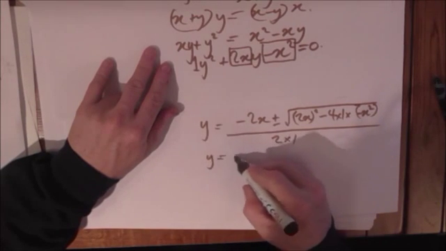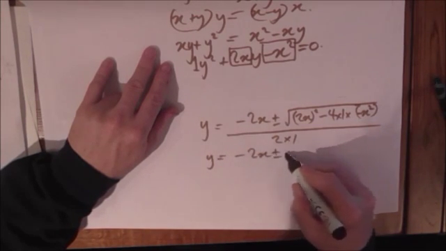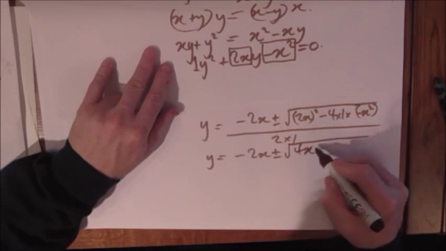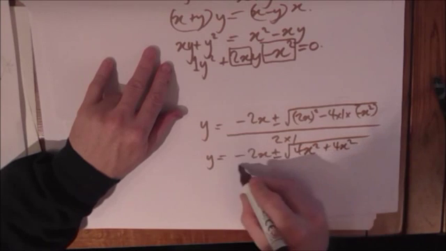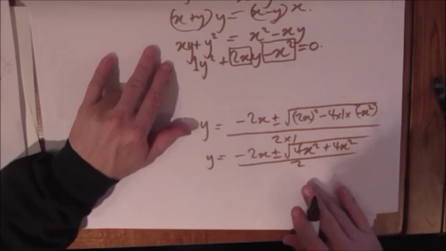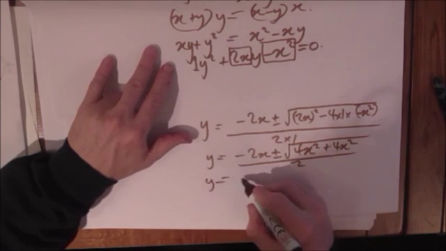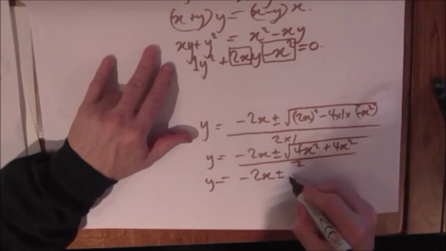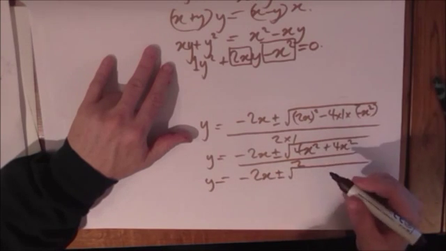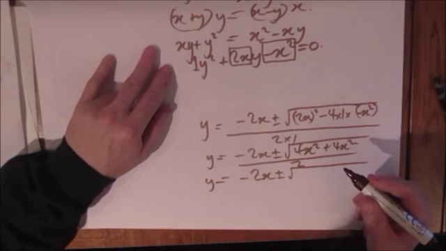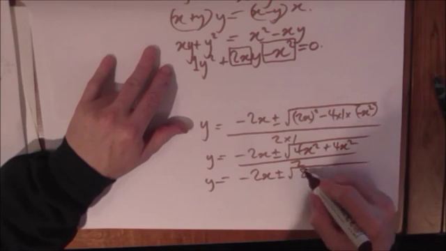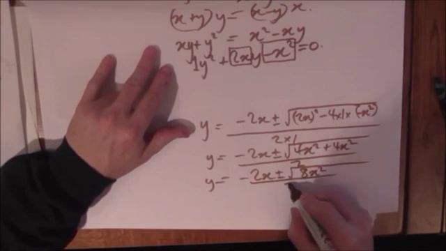So y equals negative 2x plus or minus the square root of 4x squared plus 4x squared all over 2. So therefore y equals negative 2x plus or minus the square root of 8x squared over 2.